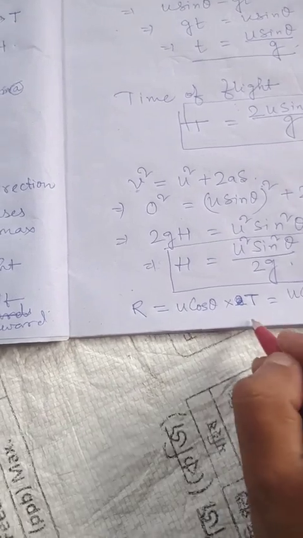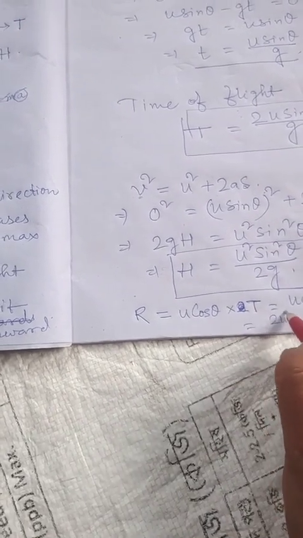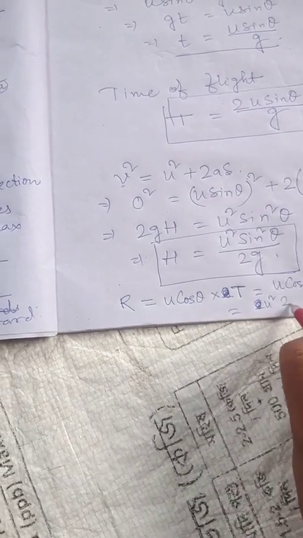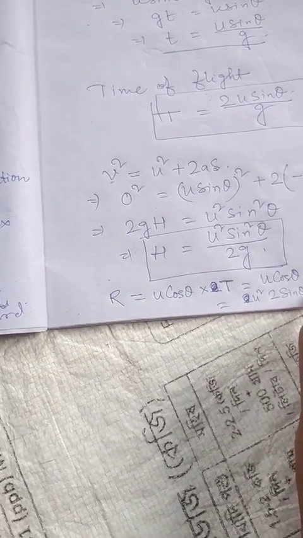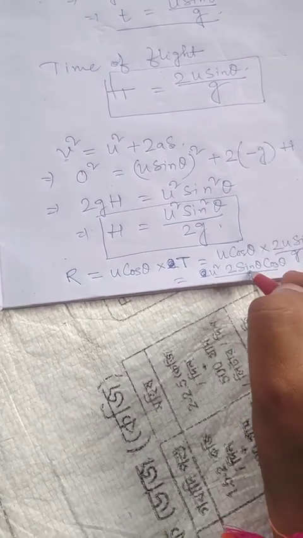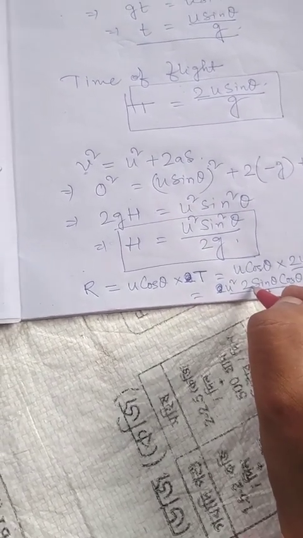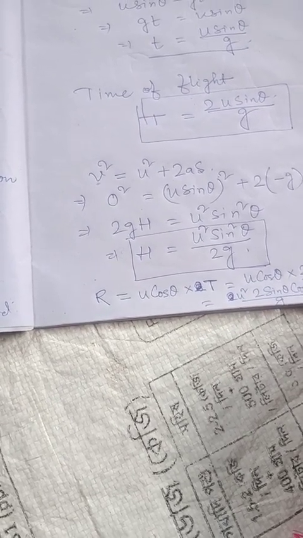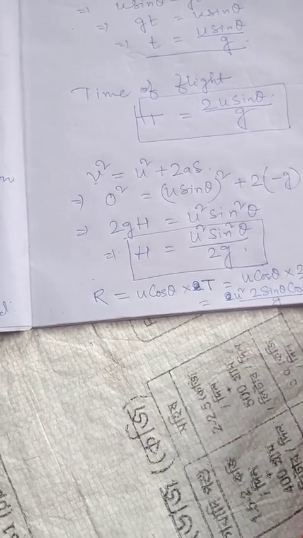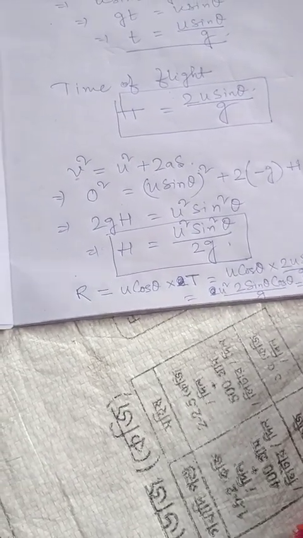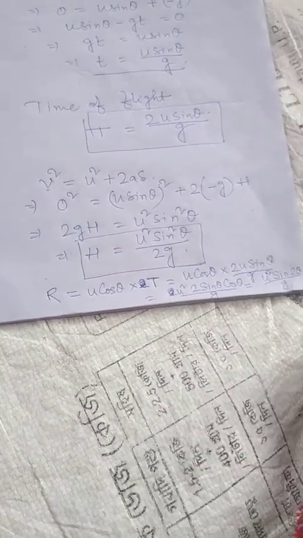When we calculate this, we can write u square into 2 sin theta cos theta divided by g, and we already know that 2 sin theta cos theta equals sin 2 theta. So we can write u square sin 2 theta divided by g as the range of that body.